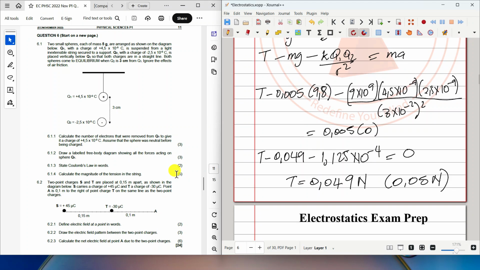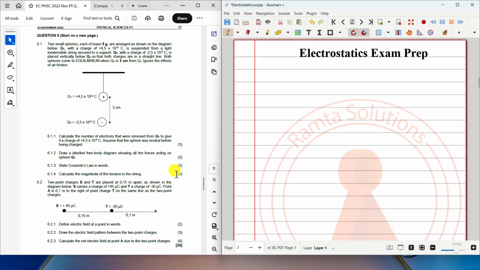Okay. All right. Now 6.2. We have 11 minutes to finish 6.2. Let's see. 6.2. 2 point charges S and T are placed 0.15 meters apart, as shown in the diagram below.